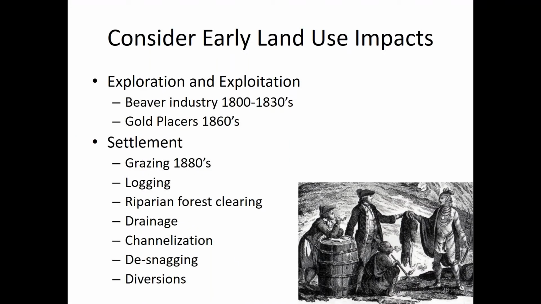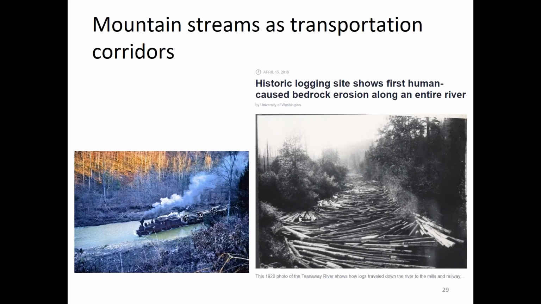And we don't have to go too far back into thinking about our land use impacts to realize that we probably really exploited and damaged our alluvial valleys more than we did other parts of the landscape, starting with the beaver industry, which extirpated beaver in most of our mountain watersheds 200 years ago. And that was followed by gold placers, which left a signal we can still see and easily read. And that was then followed by grazing and then logging and all kinds of bigger machine powered impacts to our alluvial valleys.